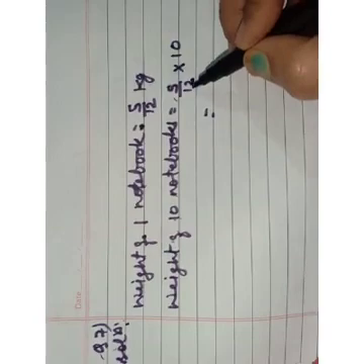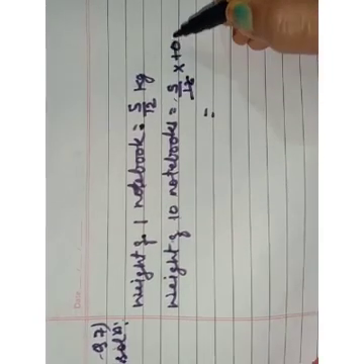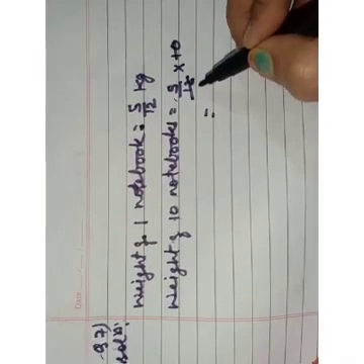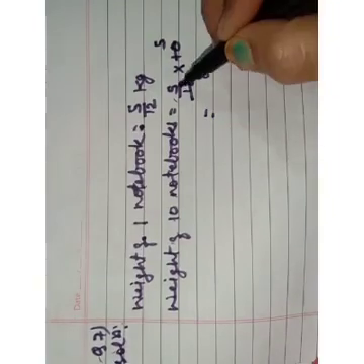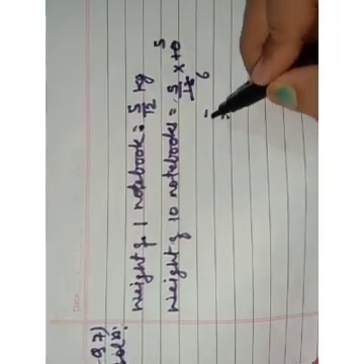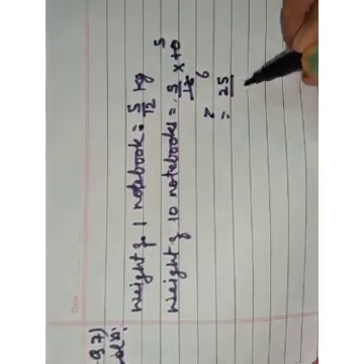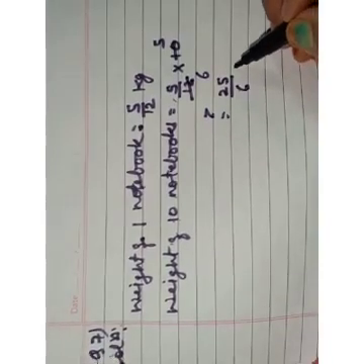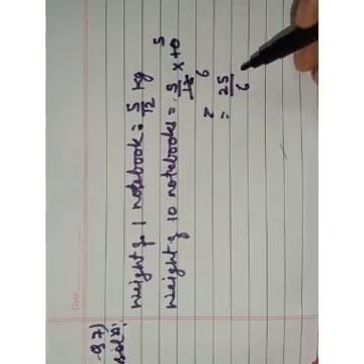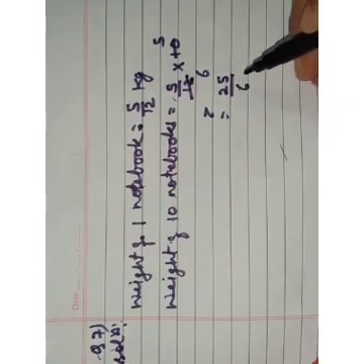Now we have to bring it to its lowest terms. We can divide by the common factor: 2 sixes are 12, 2 fives are 10. Now it is equal to 5 fives are 25 upon 6. So 25 upon 6 is the weight of 10 such notebooks.